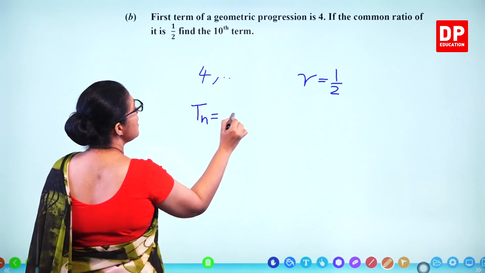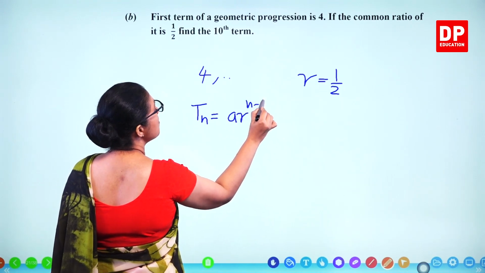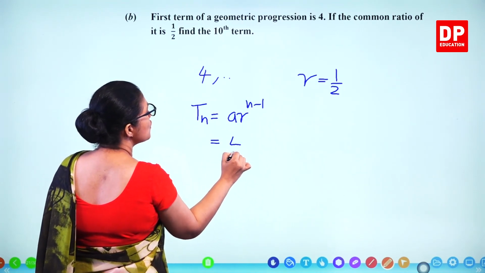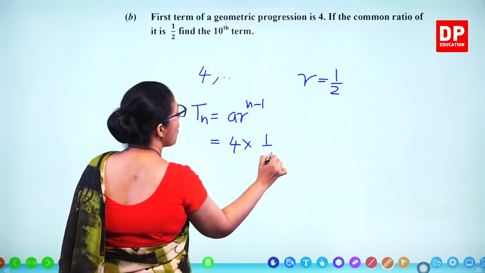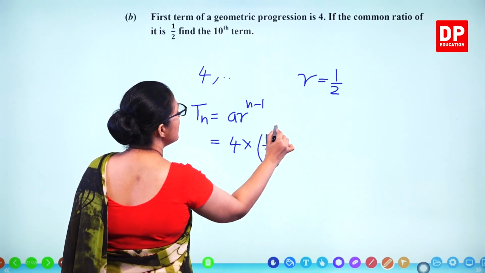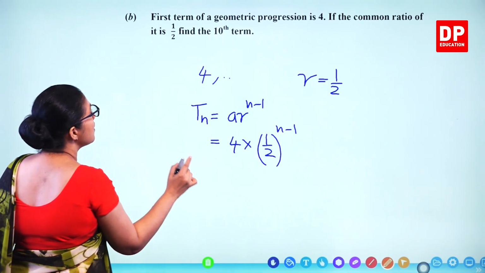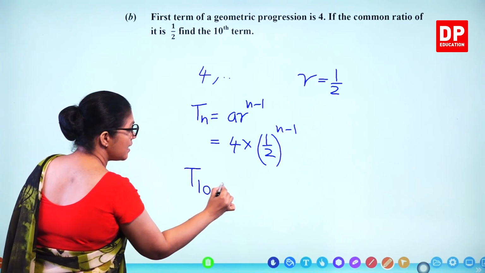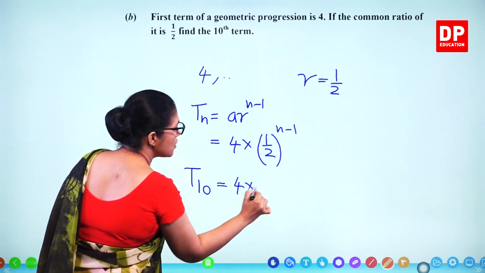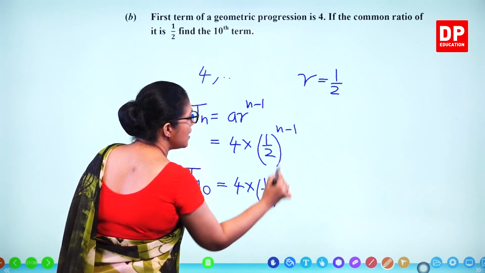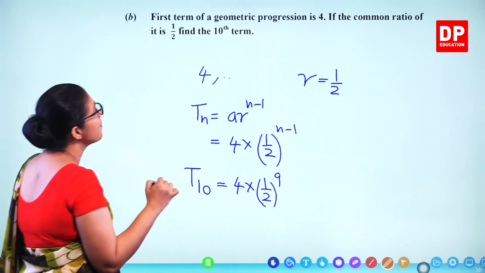Tn equals a r to the power n minus 1. First term is 4, ratio is half, half to the power n minus 1. We need T10. n is 10. 4 times half to the power 10 minus 1, 9.